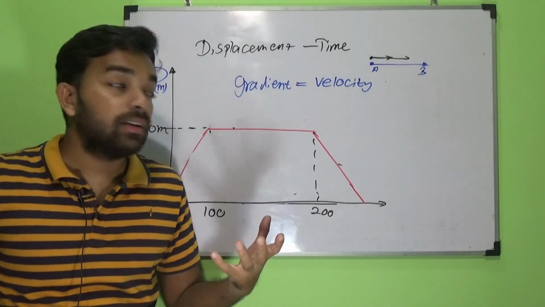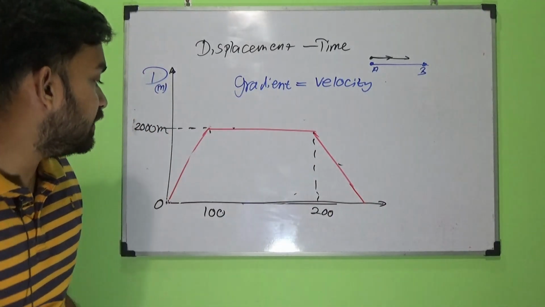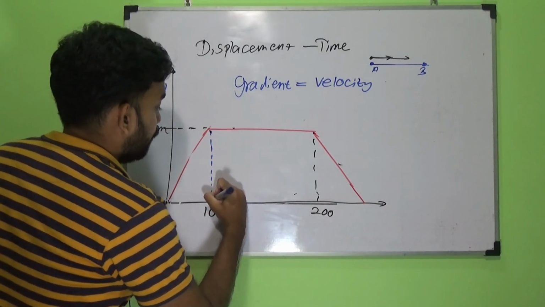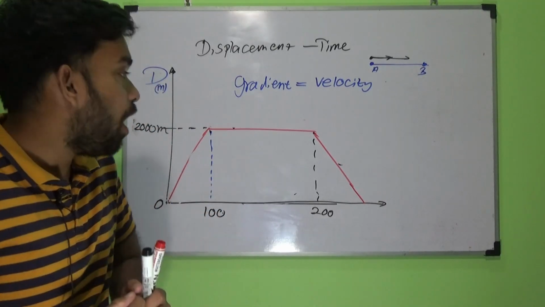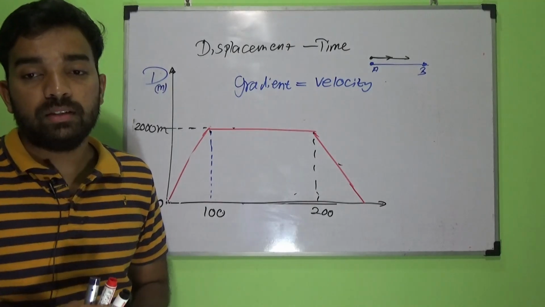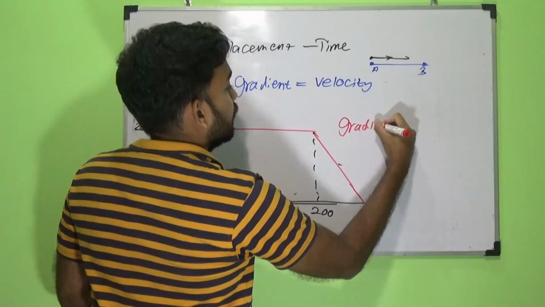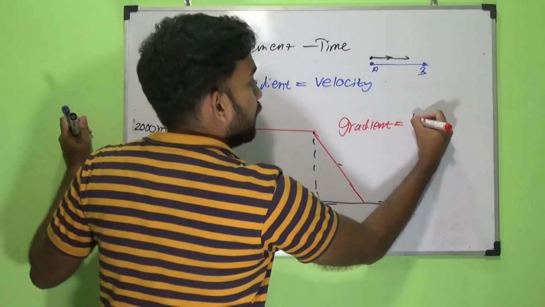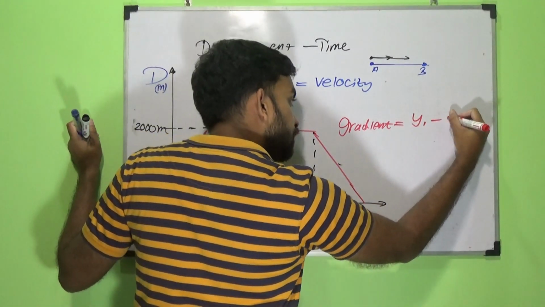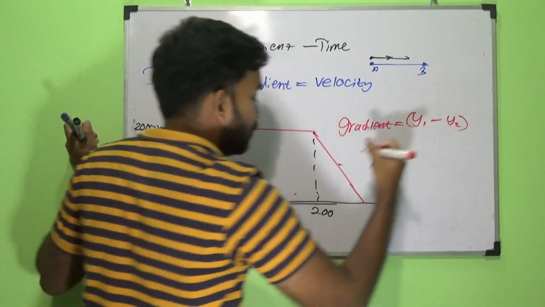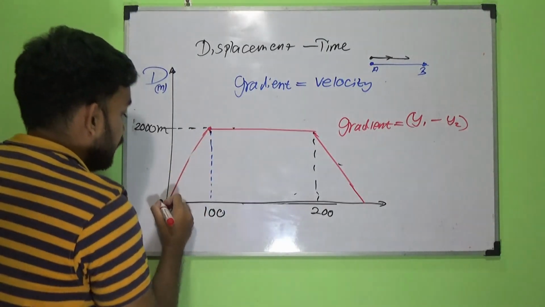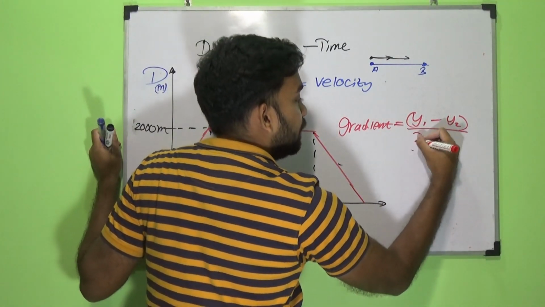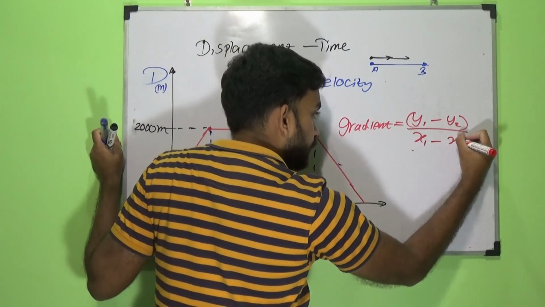In mathematics, you learn how to find a gradient in a graph, don't you? The gradient equals the difference between the y values of any two coordinates divided by the difference between the x values.